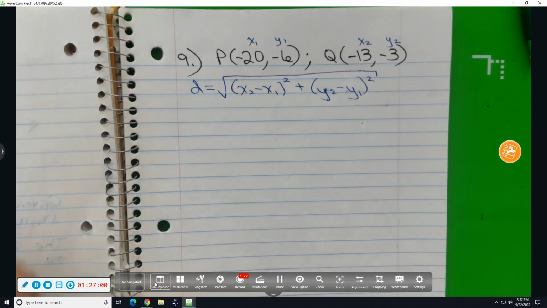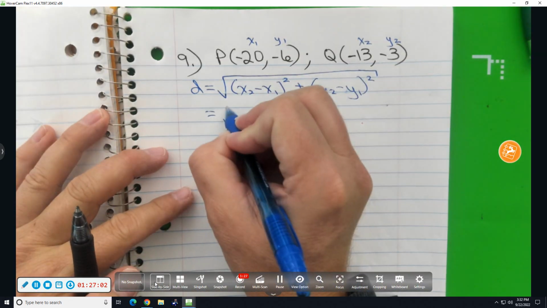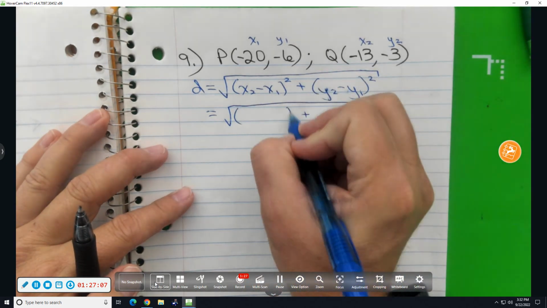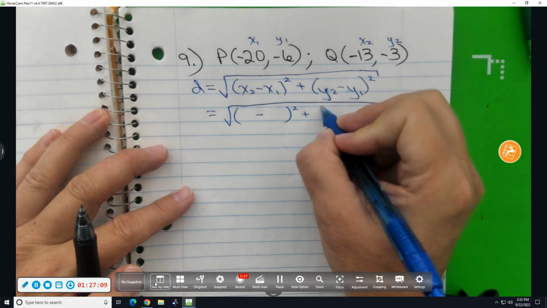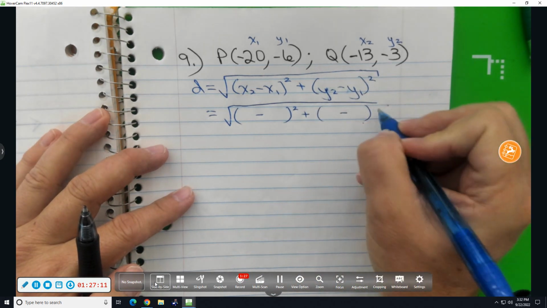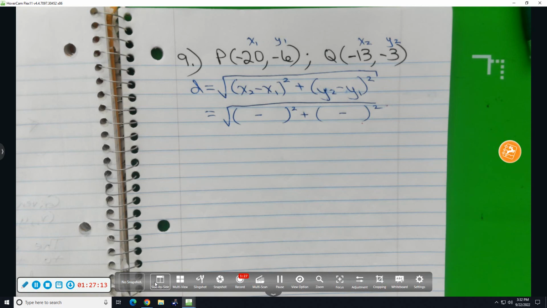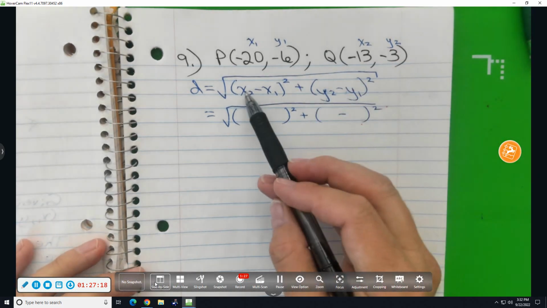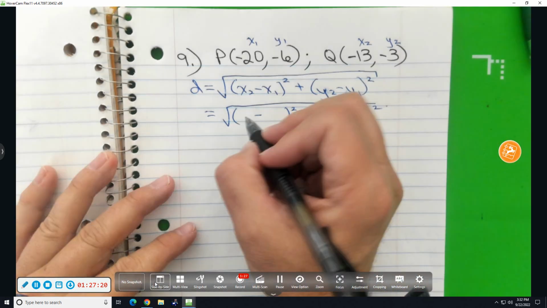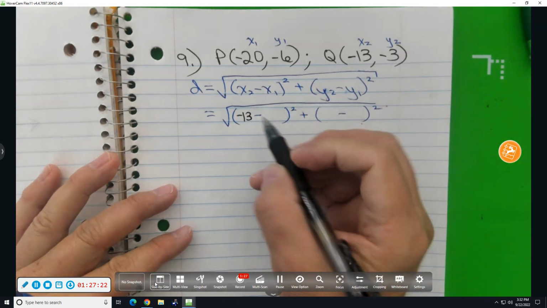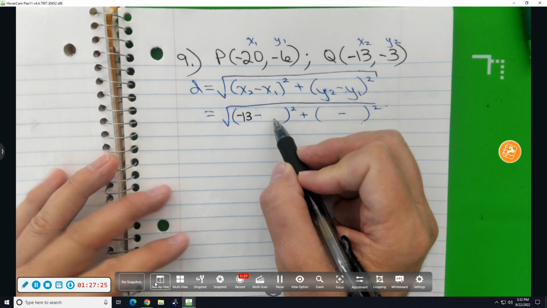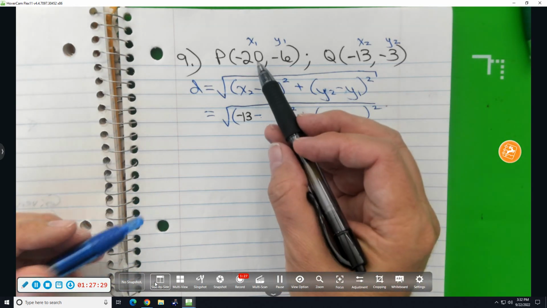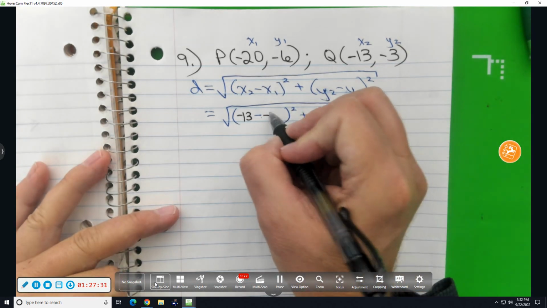So the first one would be negative 13. Okay, x2 is negative 13. So we have negative 13 minus, actually, I'll write the negative 20 right now.